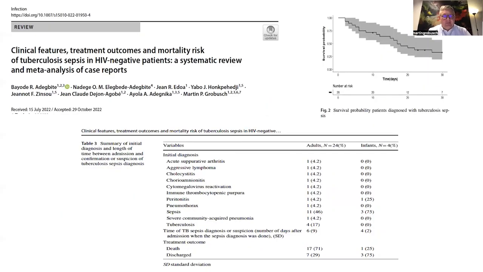This is just an example, without me going into details, that apart from the common bread and butter pathogens beyond malaria, we also need to think about diseases which we usually do not associate easily with sepsis. This is a recent paper just published by my group where we systematically look into tuberculosis as a sepsis-like disease, in this case, in HIV-negative patients.